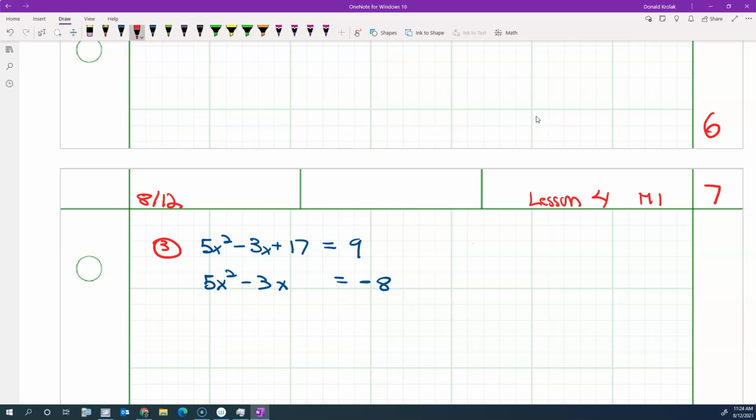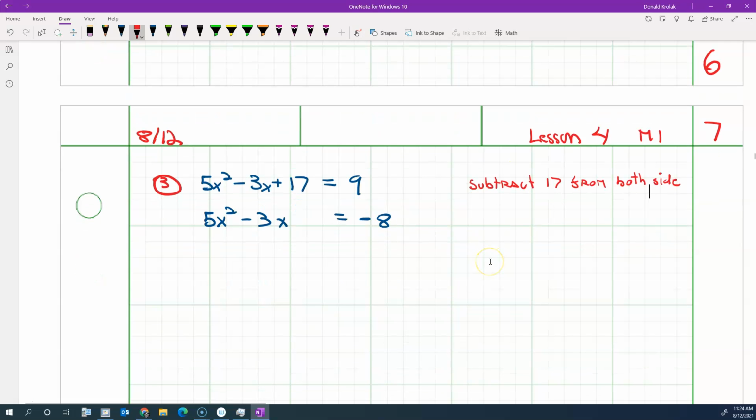All right, so we subtracted the constant from both sides. All right. Now you got to decide, is it ready to go? So you ask yourself, okay, is that a perfect square?